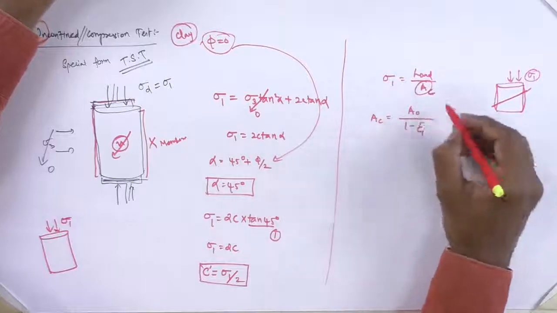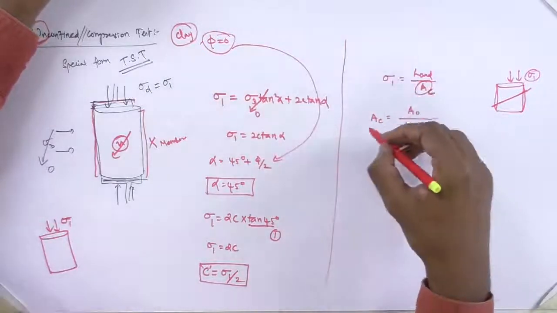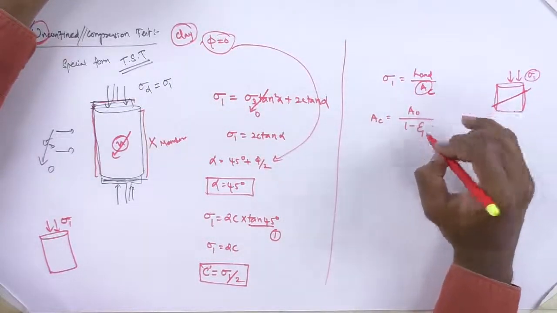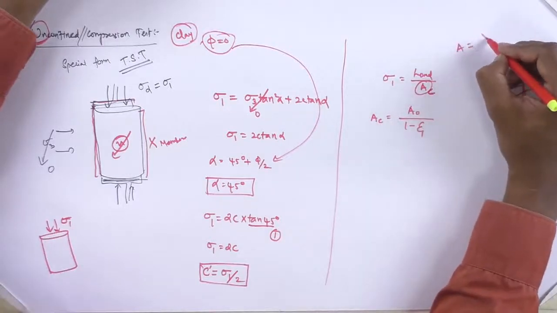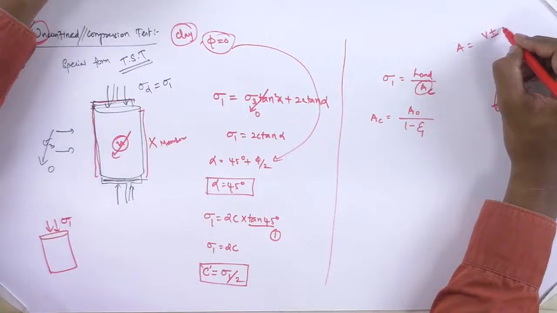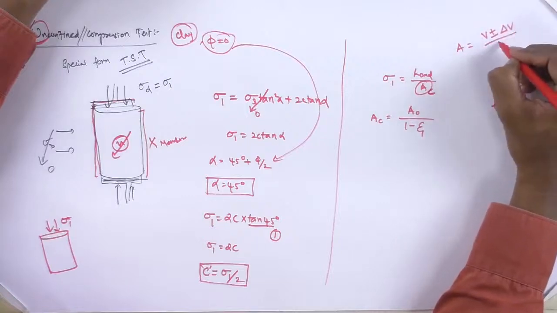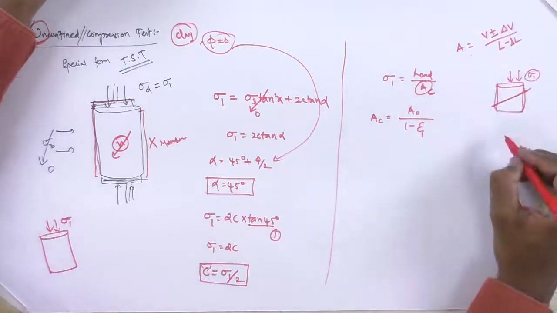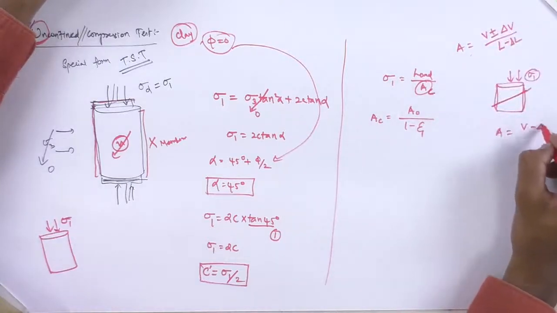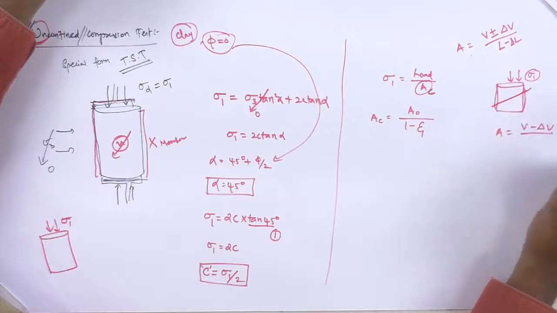It is a small derivation. So in the triaxial test also you have to do it like this to compute the sigma d value. So the area is V plus del V in the case of triaxial, divided by L minus del L. There is a volume increase, that is why I have written plus V. So here the area equals V minus del V divided by L minus del L, as the volume is going to be reduced.